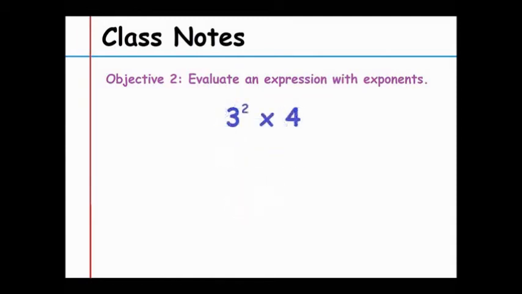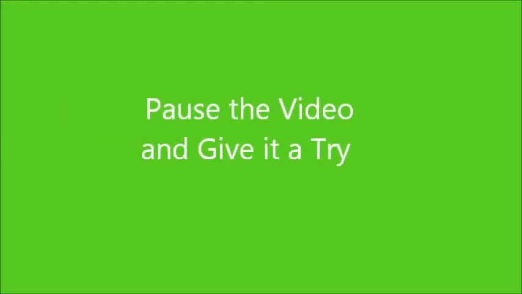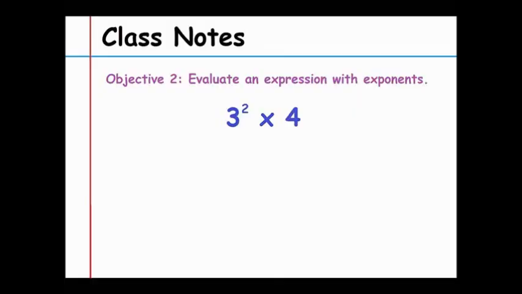Let's try an exponential expression with multiplication. Now let's evaluate 3 squared times 4. Don't forget your order of operations. 3 squared equals 9. Multiply that by 4, and 9 times 4 is equal to 36.